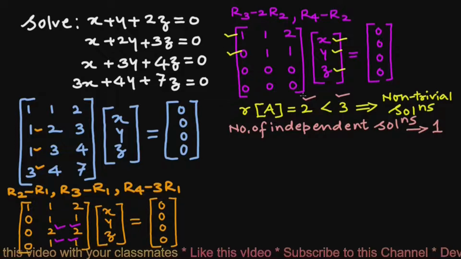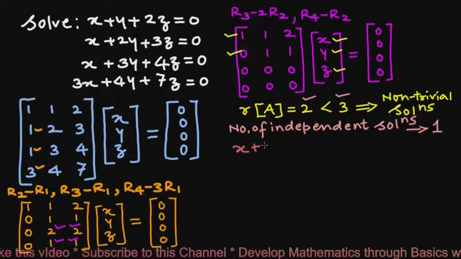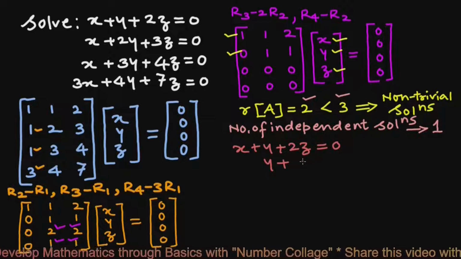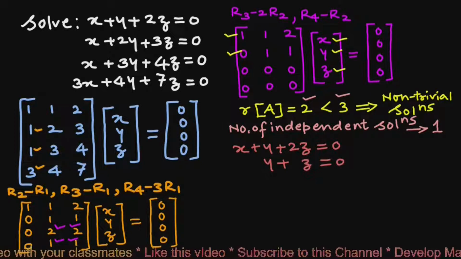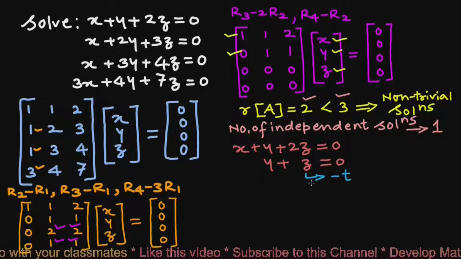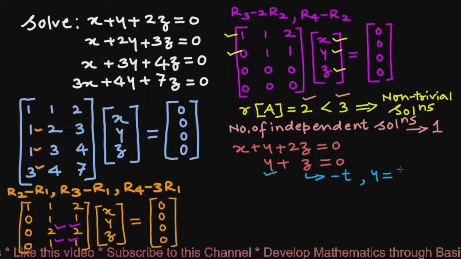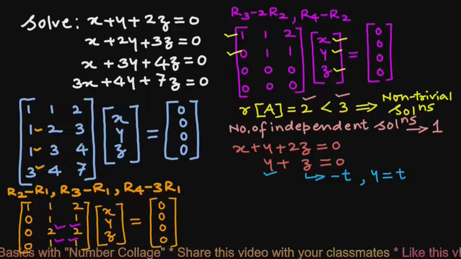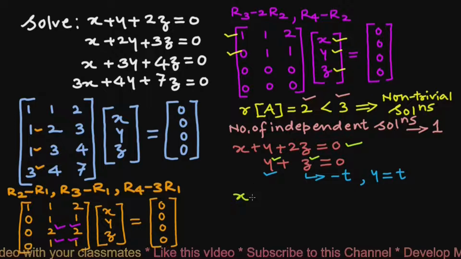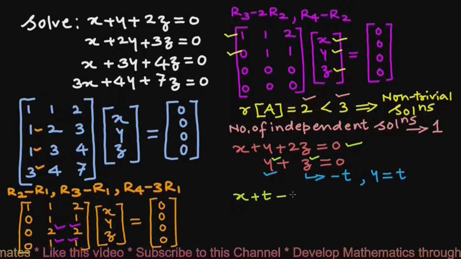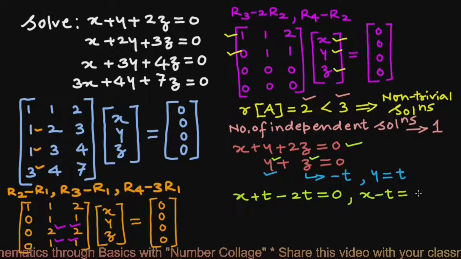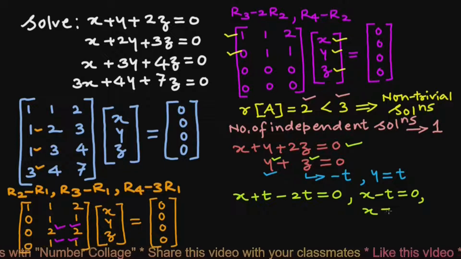By matrix multiplication we will get x plus y plus 2z equals 0, y plus z equals 0. Here we will put z equals minus t so that y will be t. Now using the values of z and y in the first equation, we write x plus t minus 2t equals 0, x minus t equals 0 or x equals t.